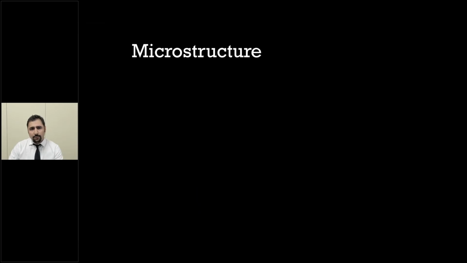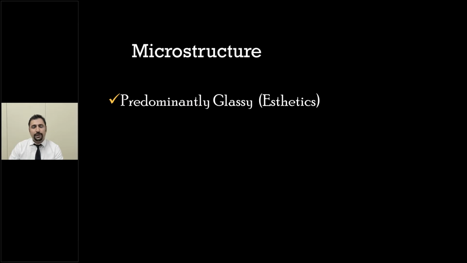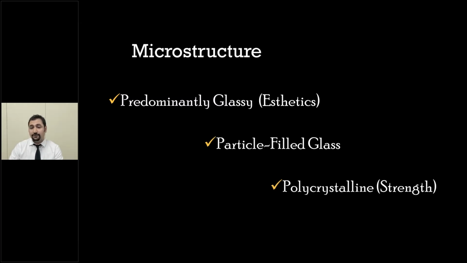So based on the microstructure, we can define three types of ceramics. We can define a group that are predominantly glassy. They're the most esthetic ones that we have available in the market. We have particle-filled glass ceramics, and we have polycrystalline ones that are the strongest ones. And the goal is to see where zirconia stands in this classification of ceramics in general.